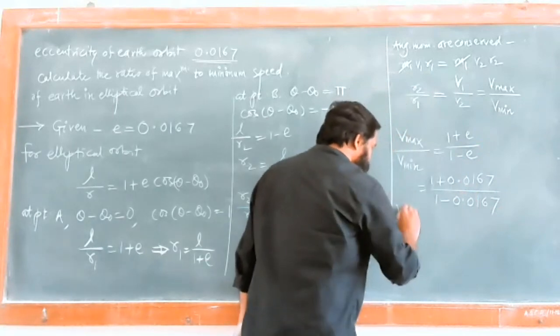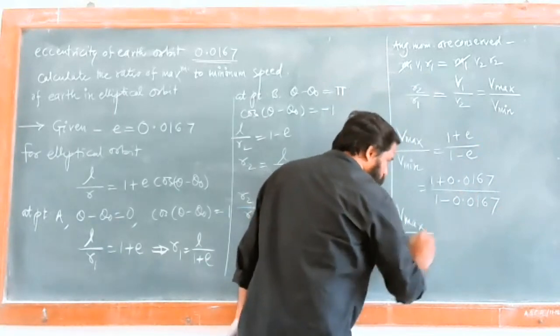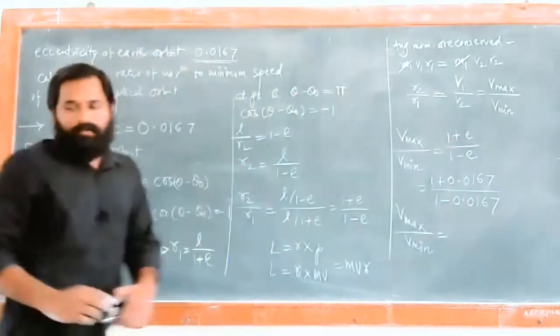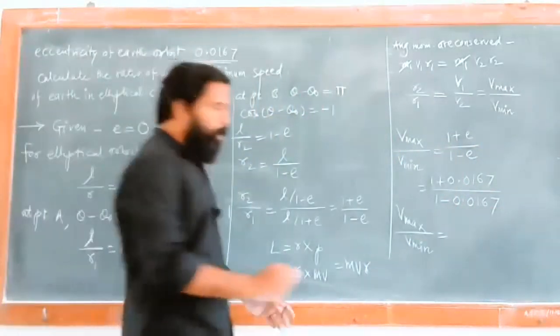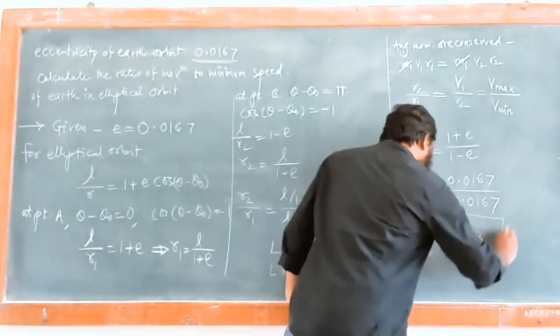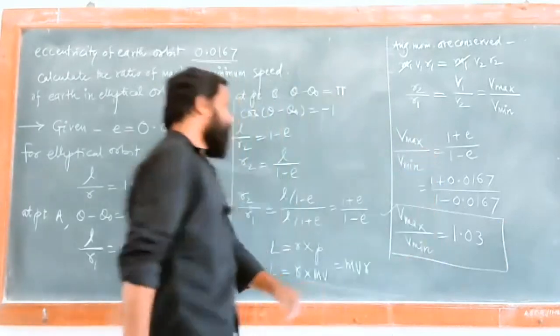So you can have the ratio v max to v minimum. Just calculate it, and that value comes to around 1.03. Okay, so that is the problem.